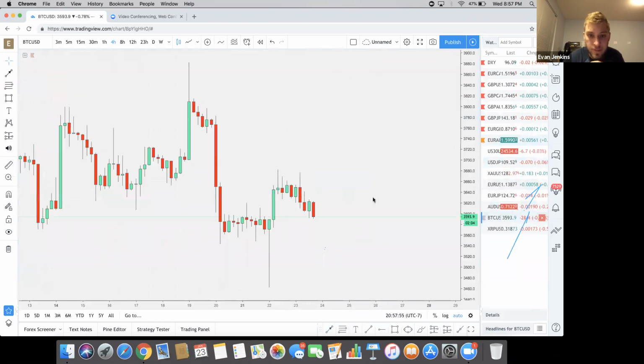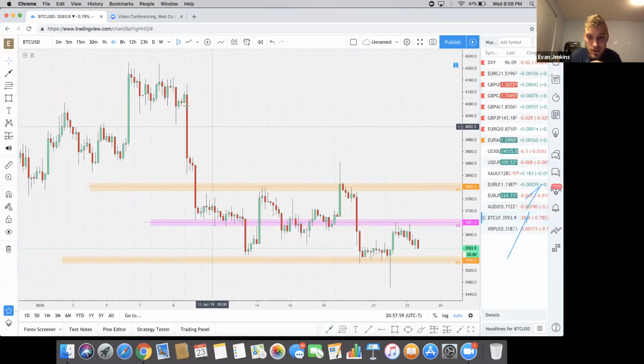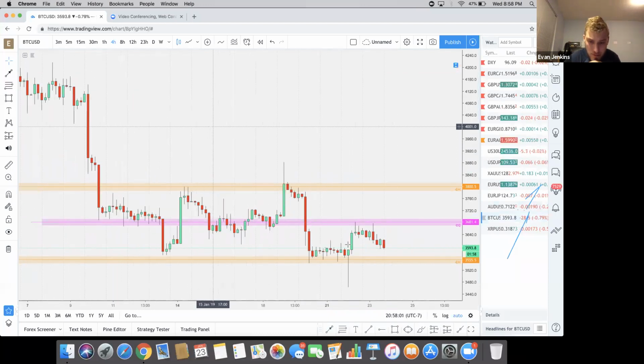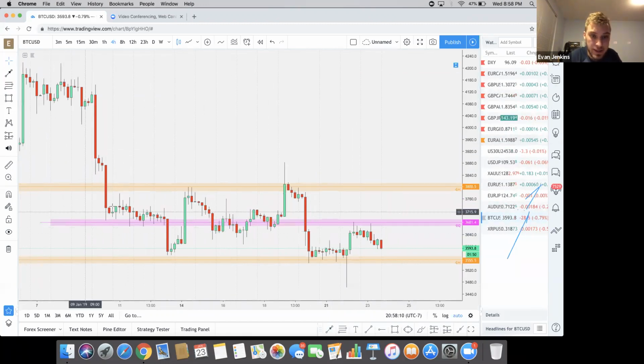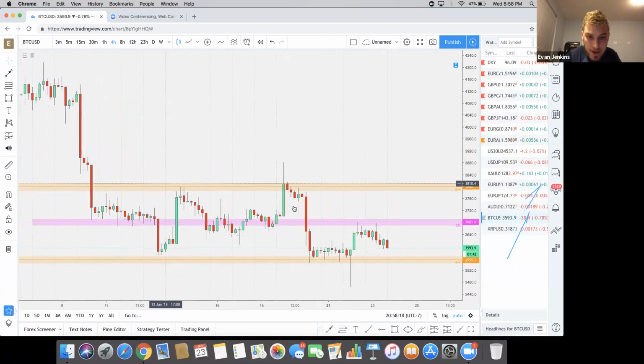And then Bitcoin. I was just messing around with Bitcoin. This looks a lot like XRP. Just in a range. Again, same thing with Euro USD, AUD USD, Euro JPY. I think something's going on with the dollar. Dollar's just not really pushing price around. I think this could just range for a little bit.